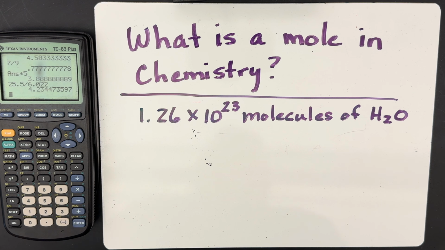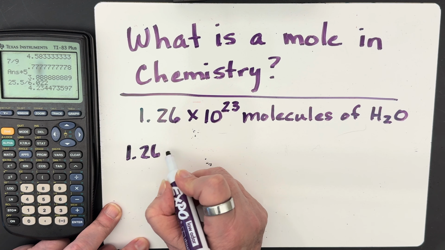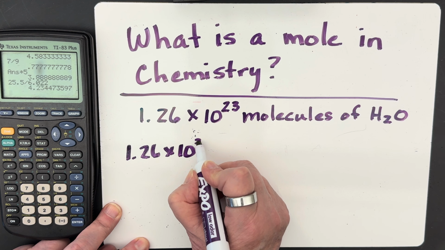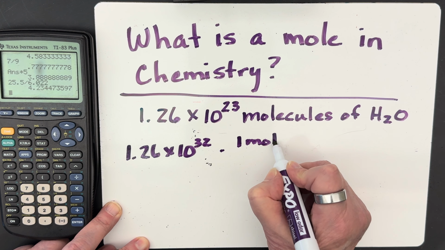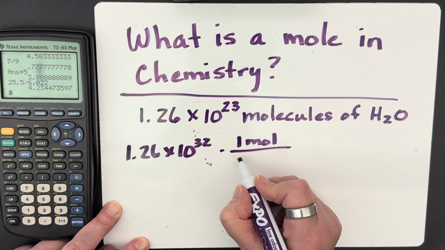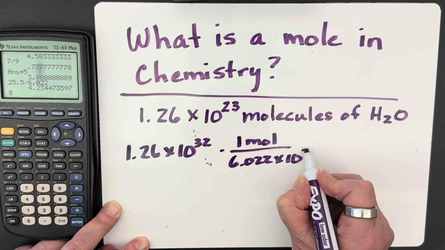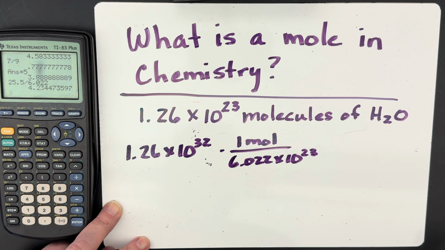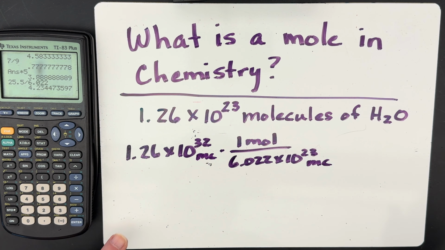No, it doesn't, because we're going from molecules to moles. So it doesn't matter what it is. So we're going to take our 1.26 times 10 to the 23rd, our conversion factor, 1 mole of water on top, and 1 mole of anything is 6.022 times 10 to the 23rd of those things. Molecules, that is not an official abbreviation. I just don't want to write out that big long thing.